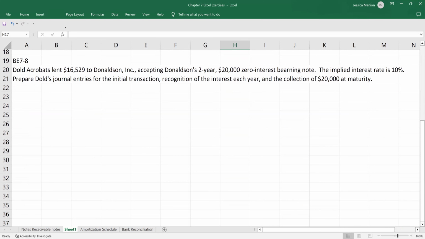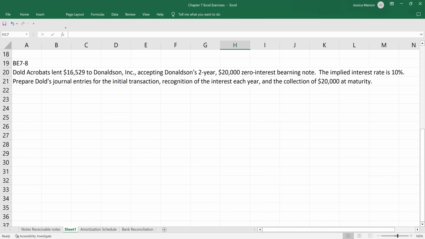So now this is brief exercise 7-8. This one says Dold Acrobats lent $16,529 to Donaldson Inc., accepting Donaldson's 2-year 20,000 zero interest bearing note. The implied interest rate is 10%. Prepare Dold's journal entry for the initial transaction, recognition of the interest each year, and the collection of the 20,000 at maturity.